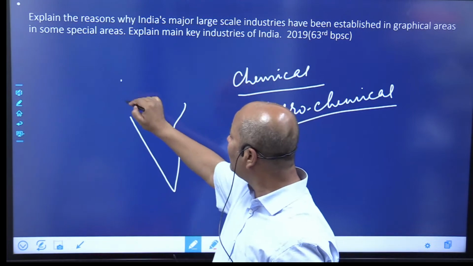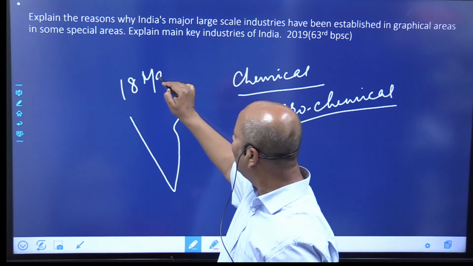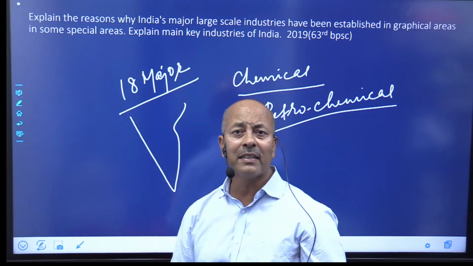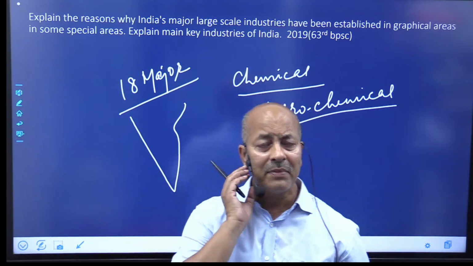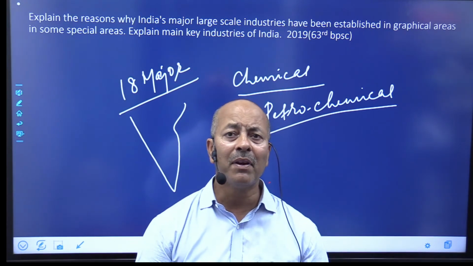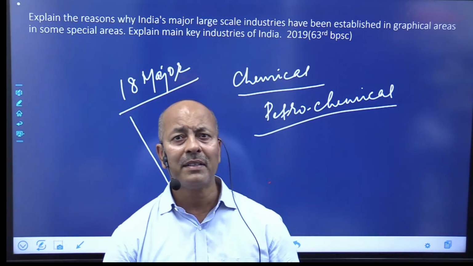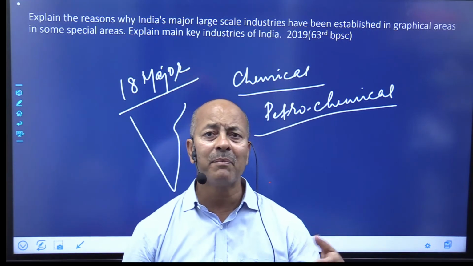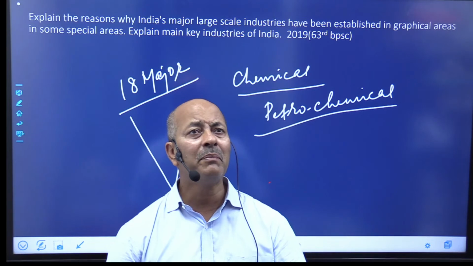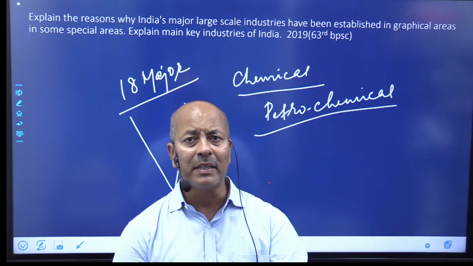In India, we have 18 major refineries, and you will find all the petrochemical industries are located close to a refinery area. Take the example of fertilizer, synthetic rubber, or polyester, nylon, thermocol, Vaseline, all are produced from petroleum products.